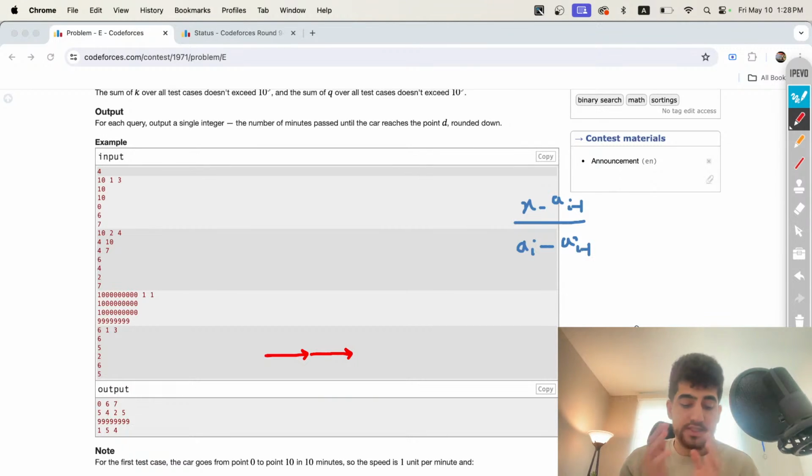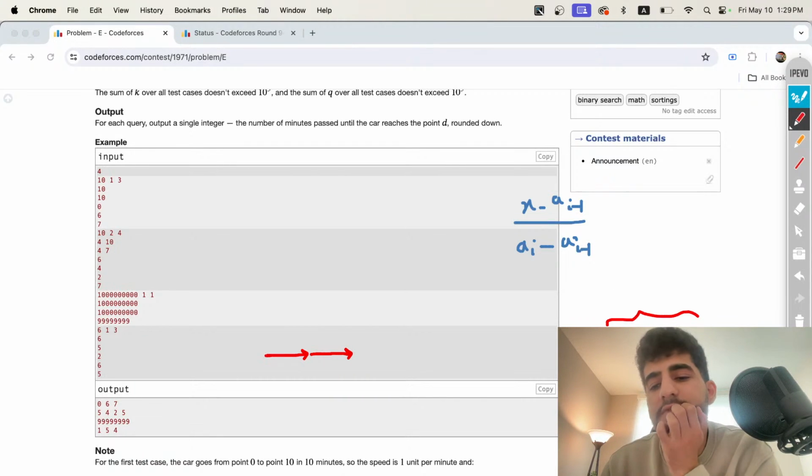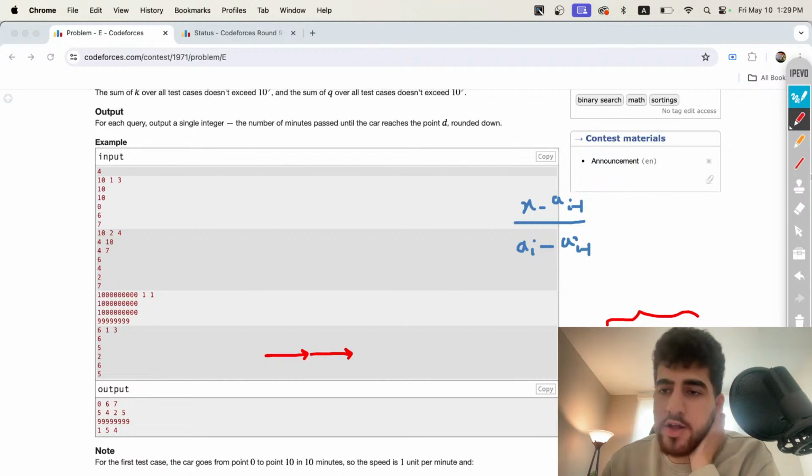Yes, the speed can be different between two signs. Between two different signs it will be different, but between the same signs it is constant, right? So we need to find out what is the proportion of this part compared to the whole part, and because the speed is the same, we know the speed. Maybe it's easier if I say it like this.